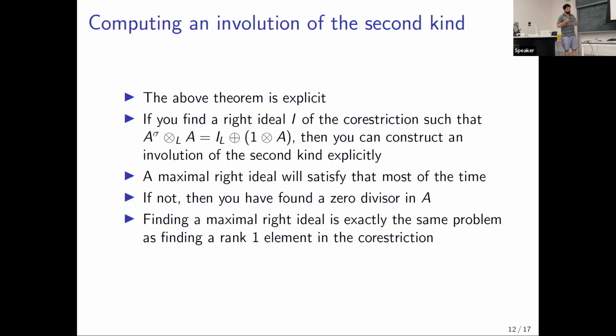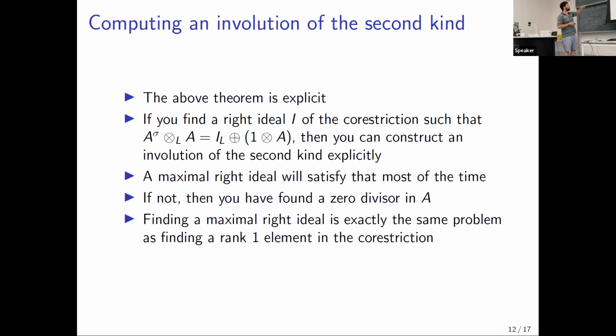Namely, if you understand the structure, you trivialize the smaller central simple algebra, then you can actually compute the involution as well. The way is this formula, basically, that if you find a right ideal of the Corestriction that satisfies that property, then you can explicitly construct an involution of the second kind.